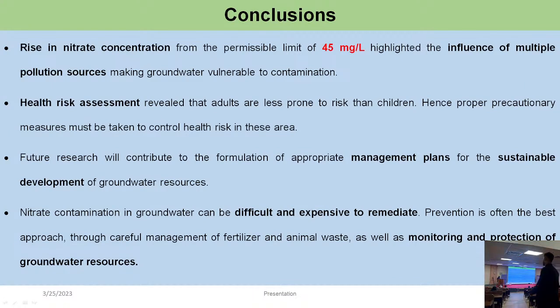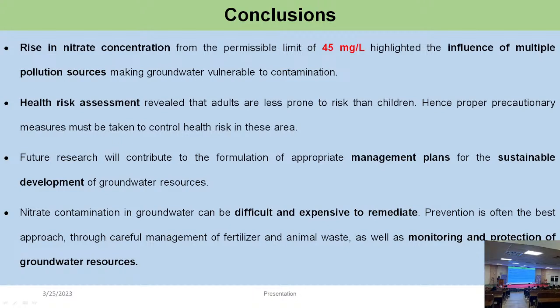So in conclusion, the rise in nitrate concentration above the permissible limit, that is 45 milligram per liter as per the Bureau of Indian Standards, highlighted the influence of multiple pollution sources making groundwater vulnerable to contamination.